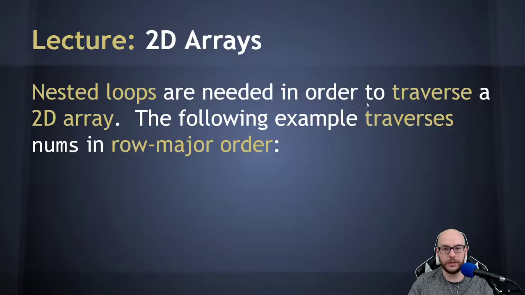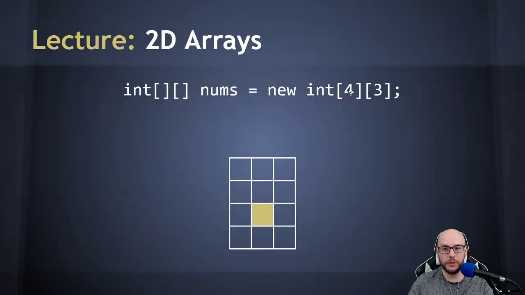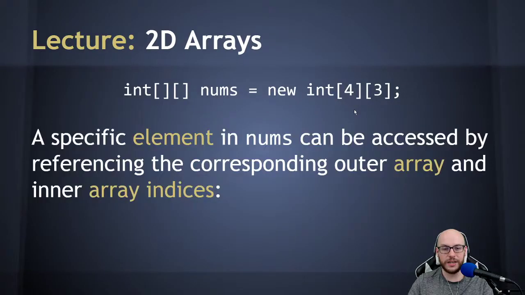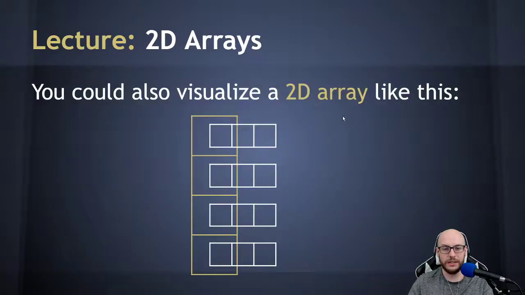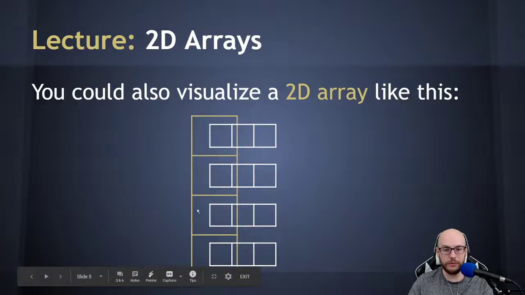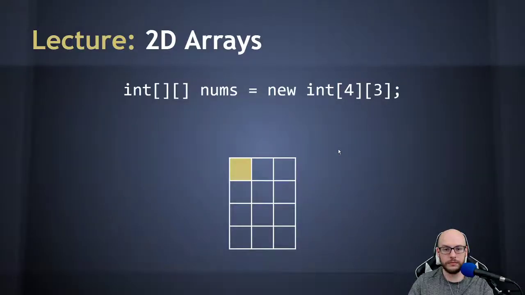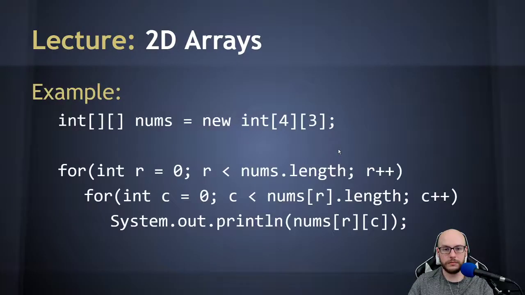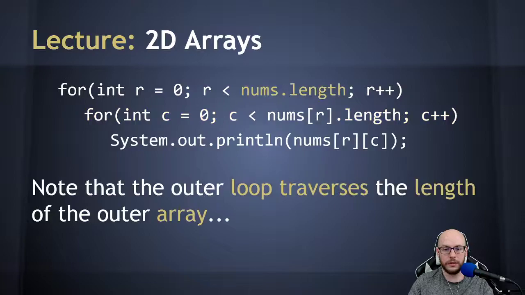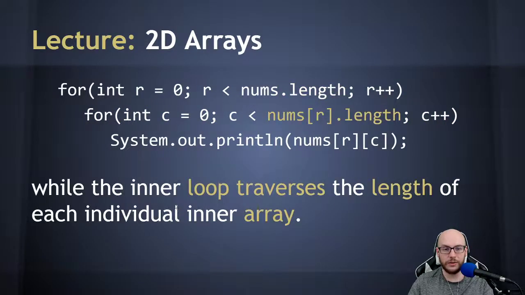If we look back at our example, we gave this thing 4 rows. If I told you to think about this visually, the way that we were able to achieve 4 rows is that the outer array has a length of 4. So the outer loop traverses the length of the outer array, while the inner loop traverses the length of each individual inner array.